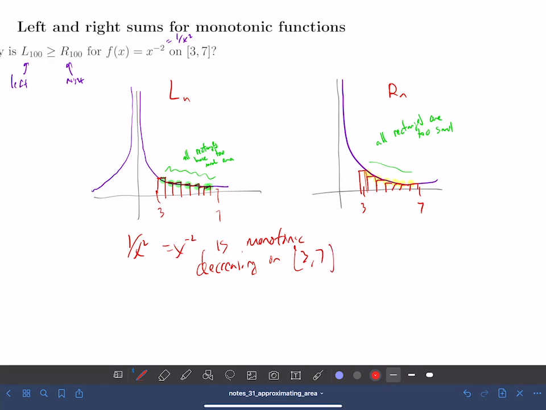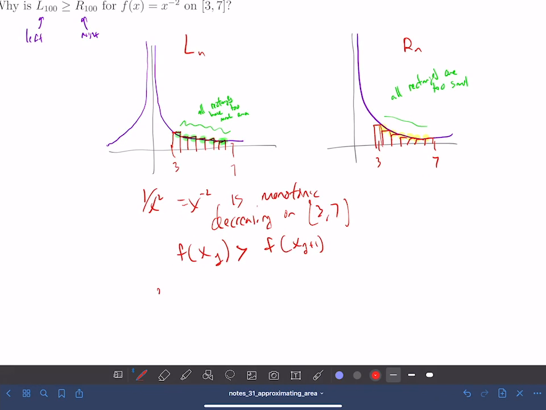And then because the left endpoints are always bigger, f of x sub j is always bigger than f of x sub j plus 1, right? And so we're always going to be overestimating using L sub n.